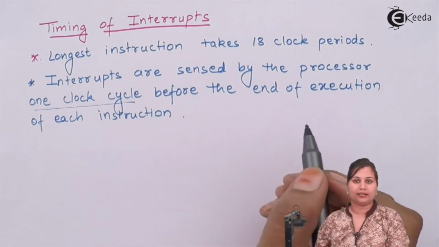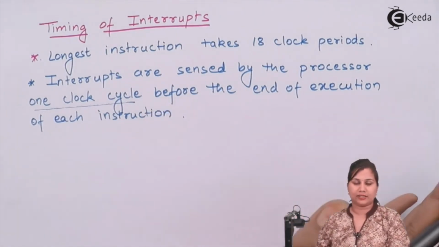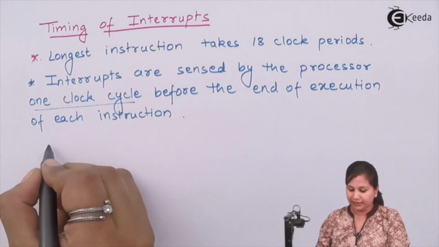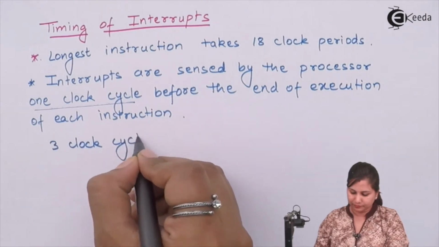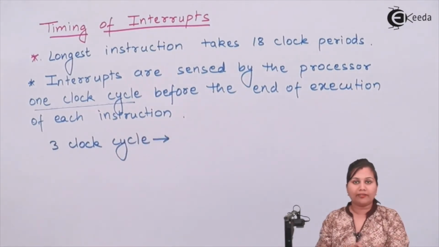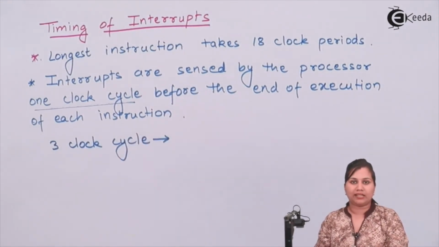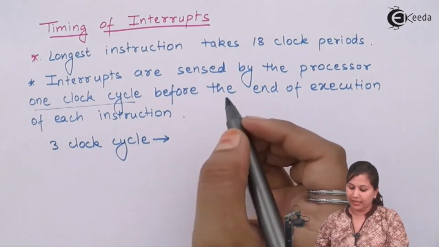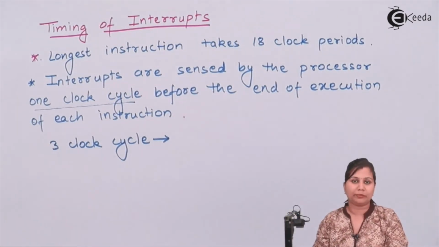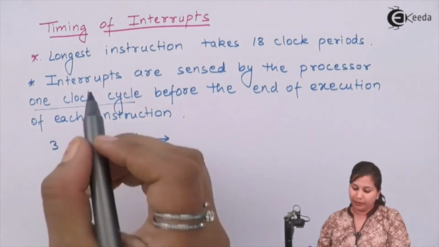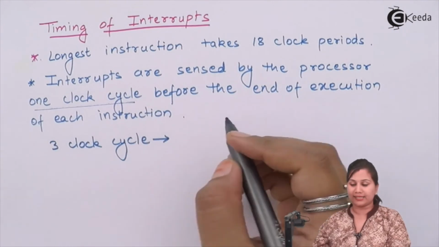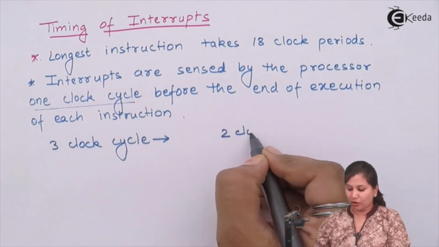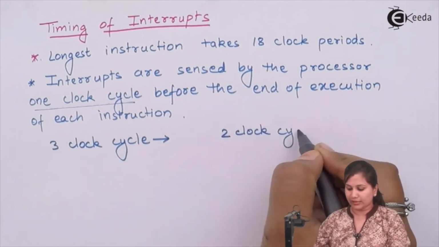Suppose that an instruction executed by the microprocessor requires 3 clock cycles. When the instruction is being executed and an interrupt is given to the microprocessor, the microprocessor will sense that interrupt one clock cycle before the end, that is, in the second clock cycle.